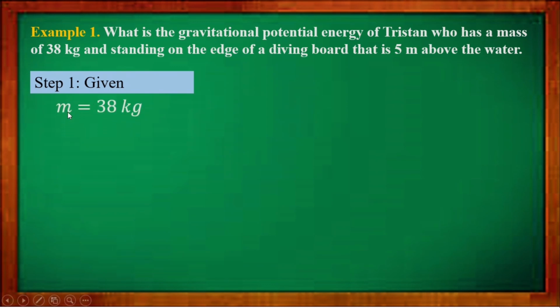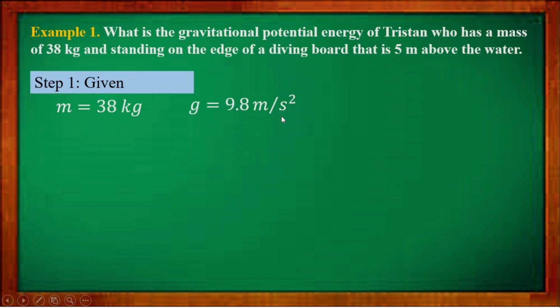The value of M, which is our mass, is 38 kilograms, which is the mass of Tristan. Another one is the G. The value of G is always given as 9.8 meters per second squared.